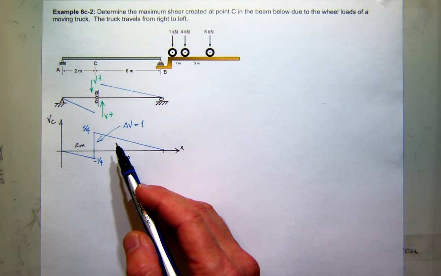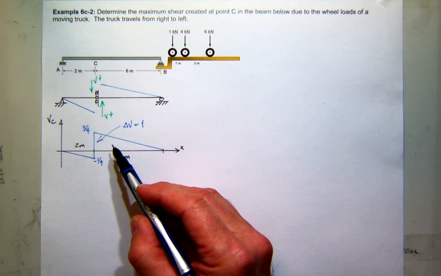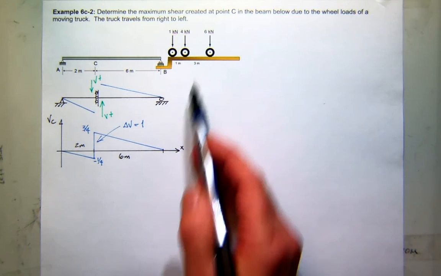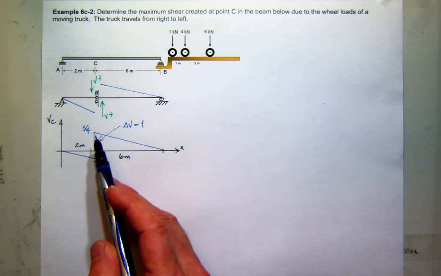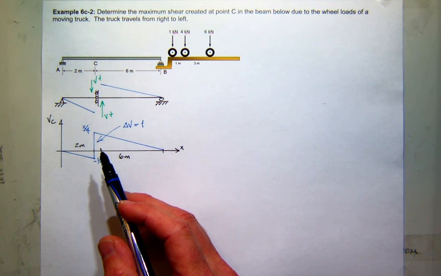So I'm pretty much going to be able to observe from the graph that positive is going to be the way to go. So when I move my 3 loads from the right side to the left side, I'm always going to stop them just to the right of C, and not just to the left.